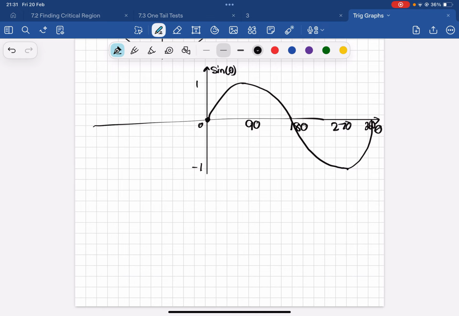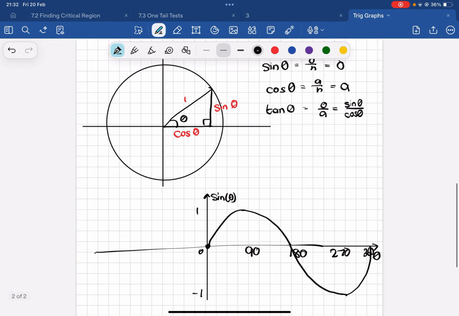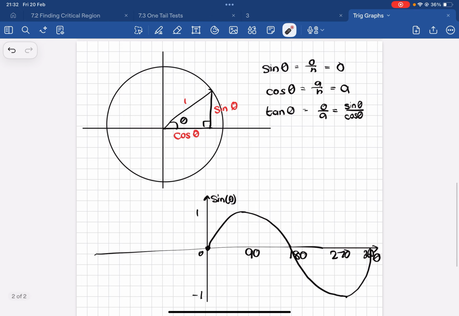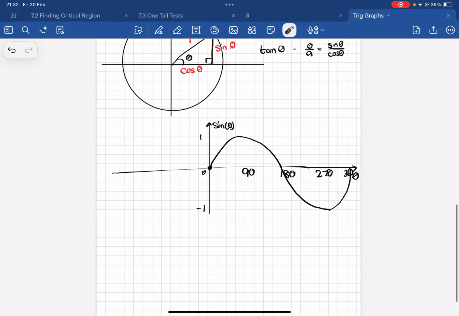So if we're back at theta equals 0, then when we complete another rotation, we can see this angle as 360 plus 90, which will be 450, which will give us the same value as if theta was 90. So this brings about the periodic nature of our graph.